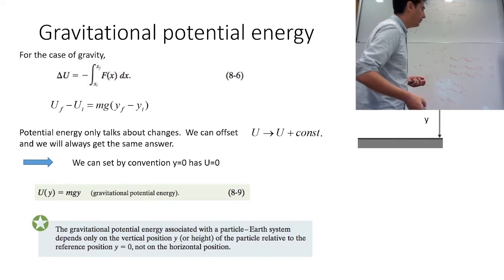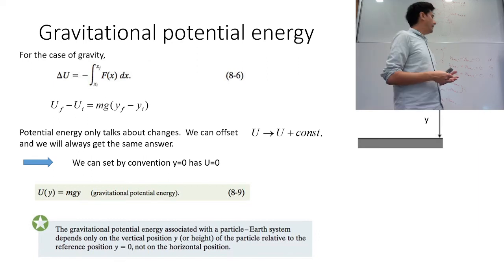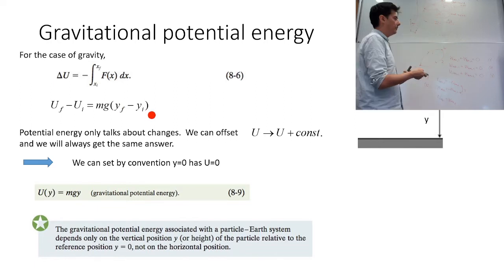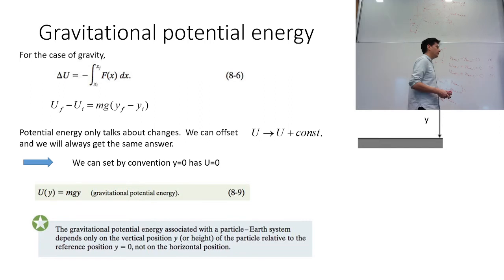So you integrate the force from the initial position to the final position, and that's equal to the work. Now, here we just got a minus sign, so it's basically going to flip the sign of this, so mg times the difference in the heights, but then because of the extra minus sign, it's actually y final minus y initial.